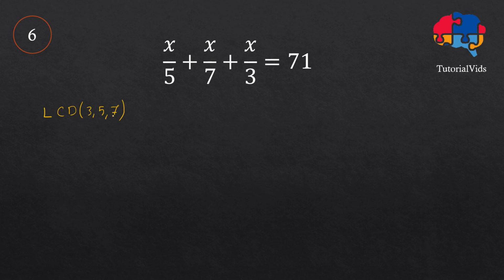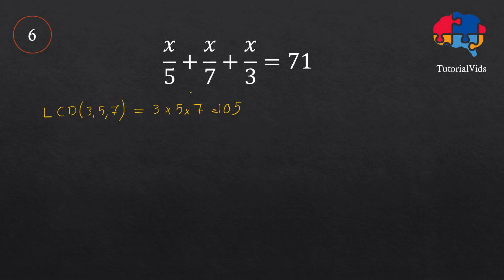Since all these three numbers are prime numbers, meaning that neither of them is a multiple of the others, then their LCD equals 3 times 5 times 7, which is 105.